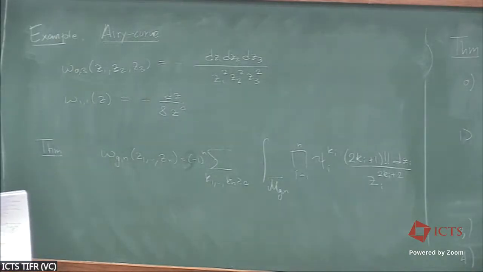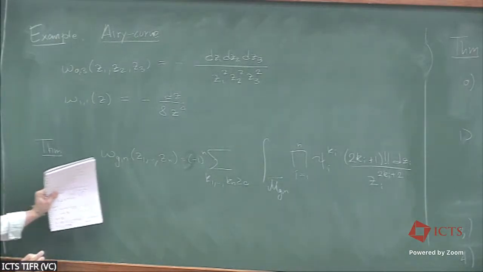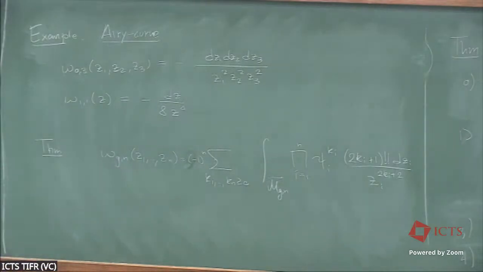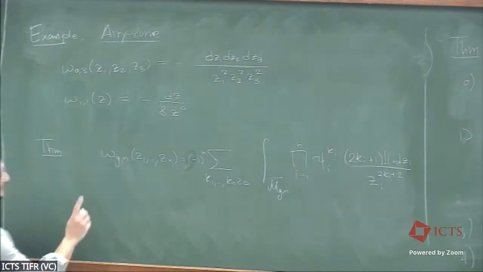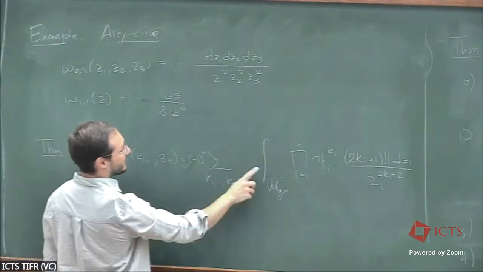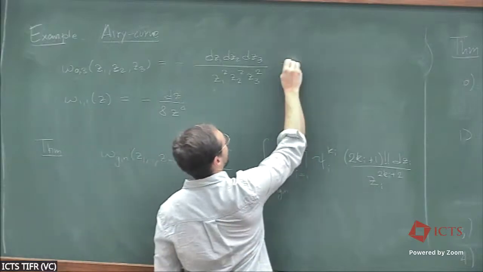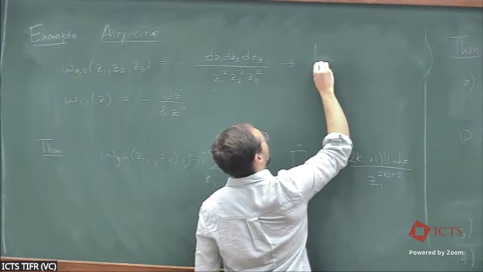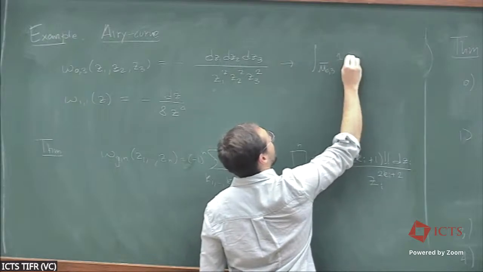I checked this morning, and everything that I'm saying here is probably wrong because of some powers of minus 1 and powers of 2, so you should try and double check. But I think if you take this formula, you can deduce from this that, for example, the integral over M 0,3 of nothing is 1.